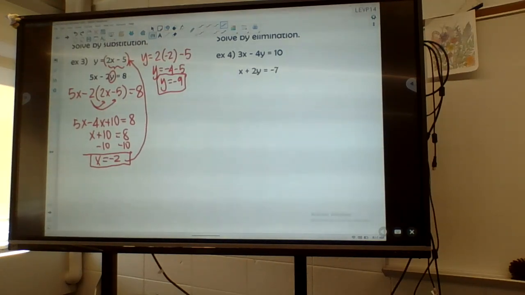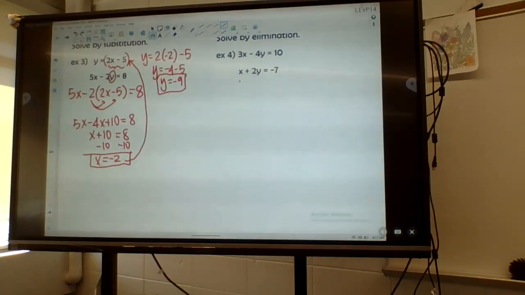So what do we want to multiply by to make something cancel? Does anyone see it? Hayden, usually you're good at finding this. What can we multiply by to make something cancel in example 4? -1 won't work in this one, because we want it to be the opposite number as well.